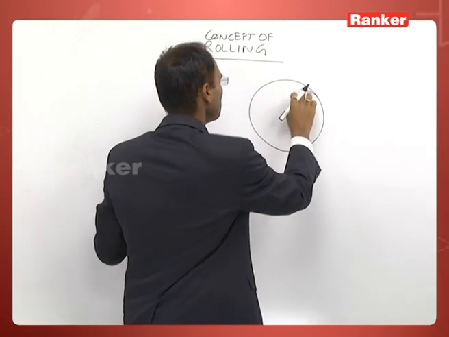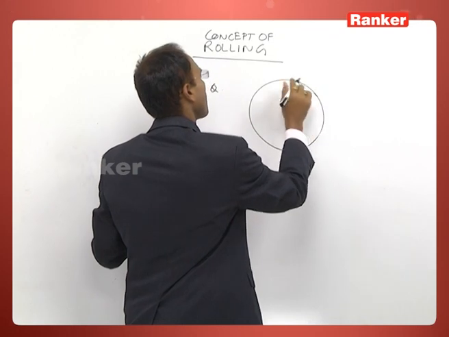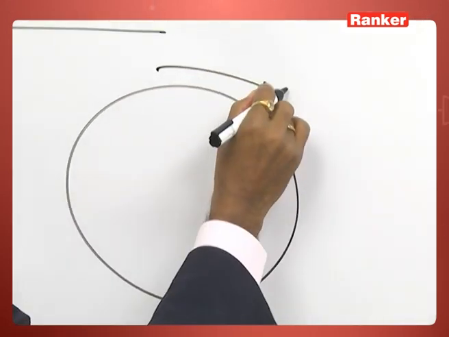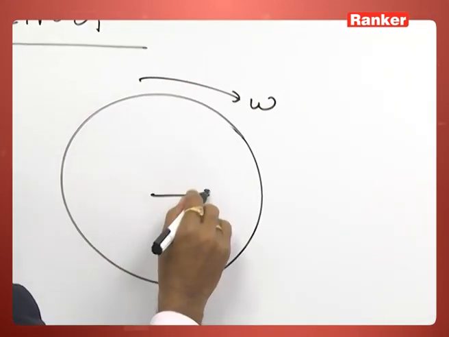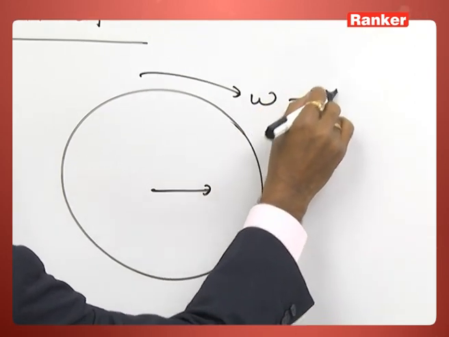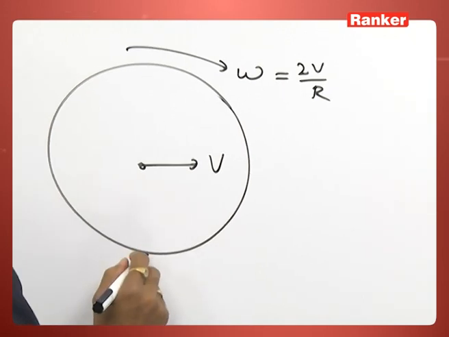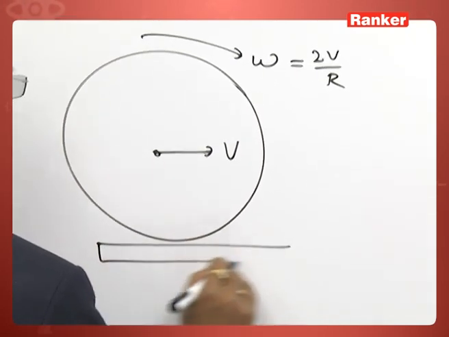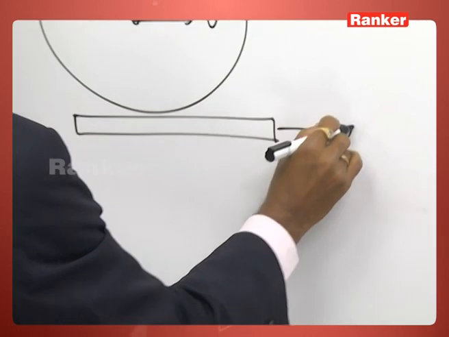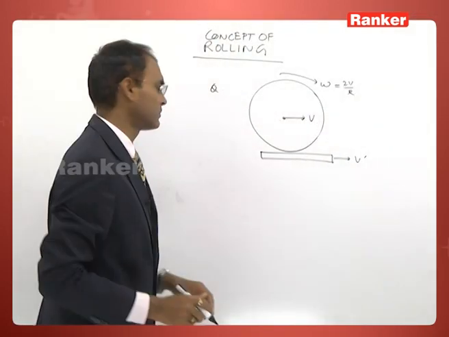Let us take another example. Suppose this spins in this way with omega. Omega is equal to 2v by r. This is, suppose, v, the center of mass velocity, and this surface moves with velocity v dash.